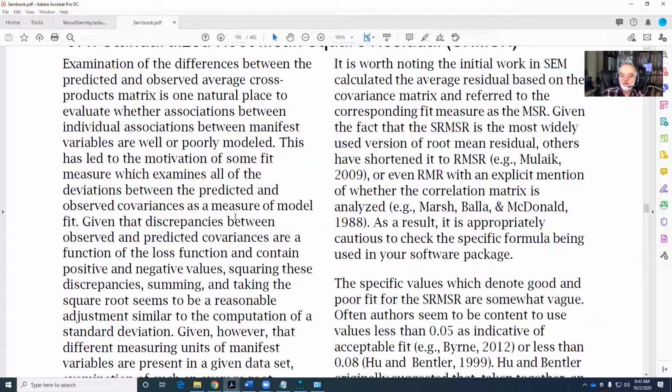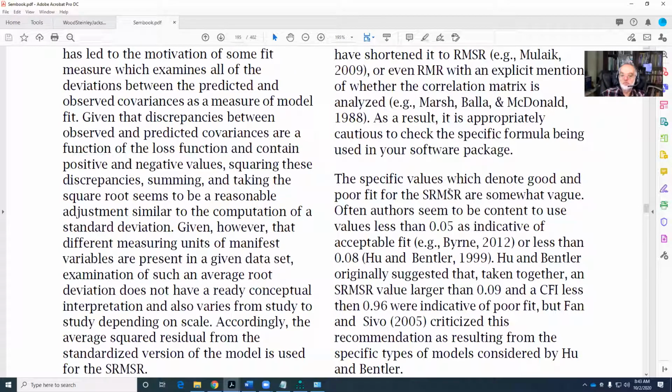You will see that in printouts, there are some rules that people have suggested for having a good standardized root mean square residual. Barbara Byrne's books that I've mentioned before say, well, if you have a value less than 0.05, that's nice. Hu and Bentler published an article where they recommended use of 0.08.